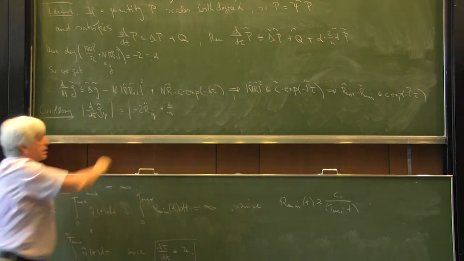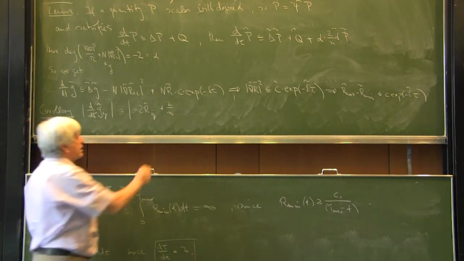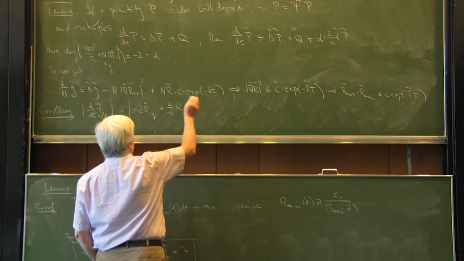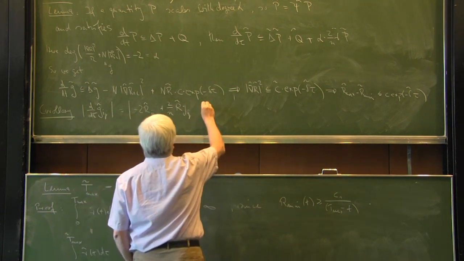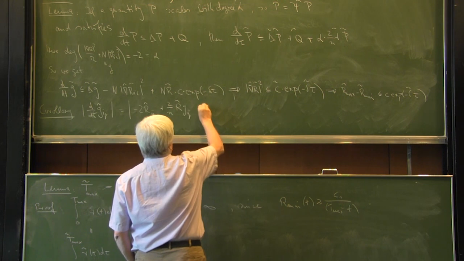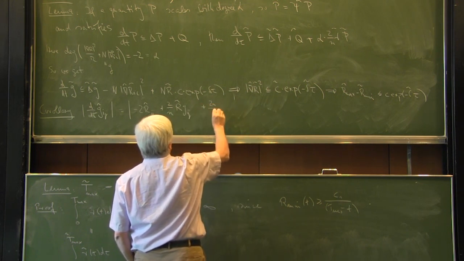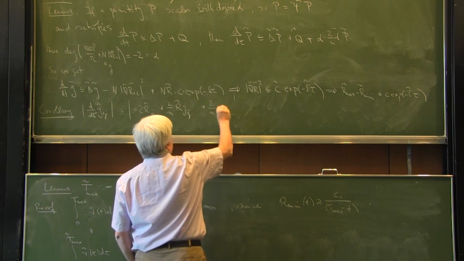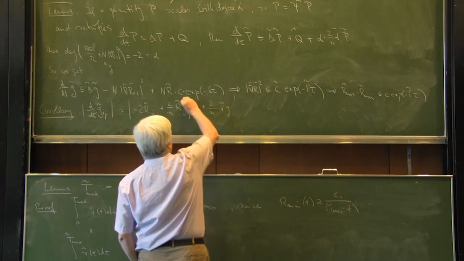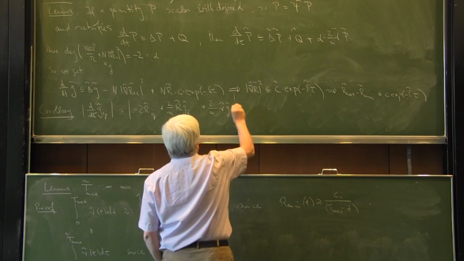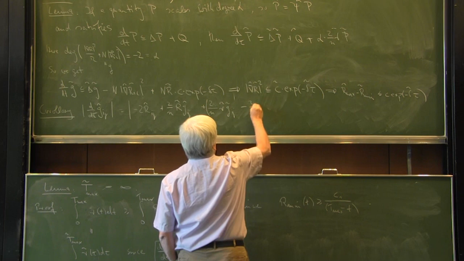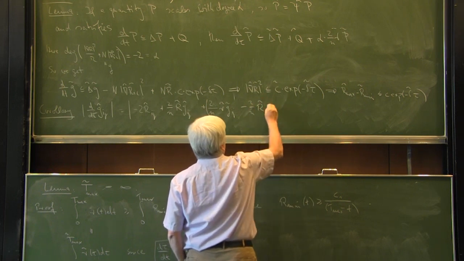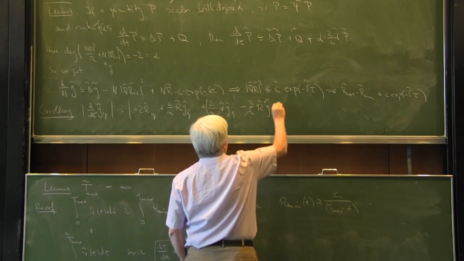And now there was little r tilde. Let me write this as capital R tilde g ij. And then I made a mistake, so let's write this plus 2 over n, 2 over n r tilde g tilde ij, minus 2 over n r tilde g tilde ij.